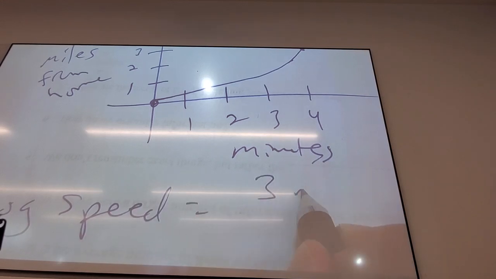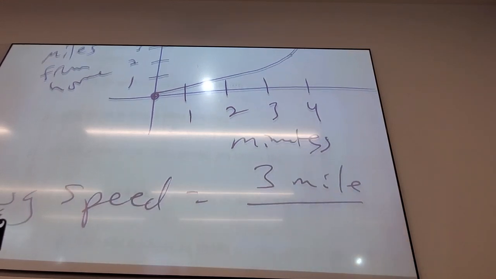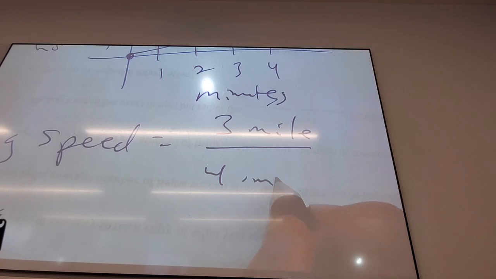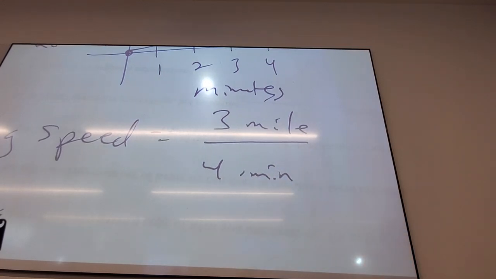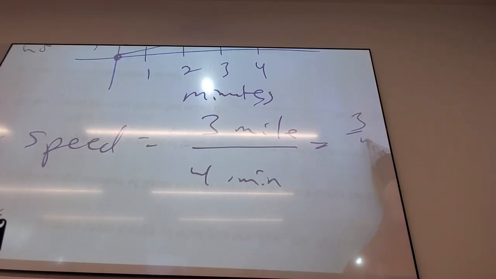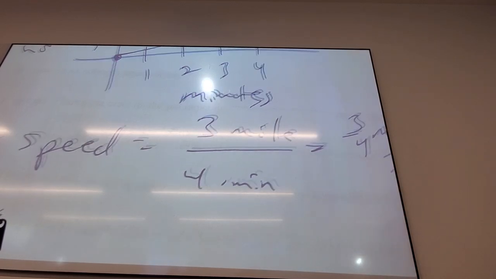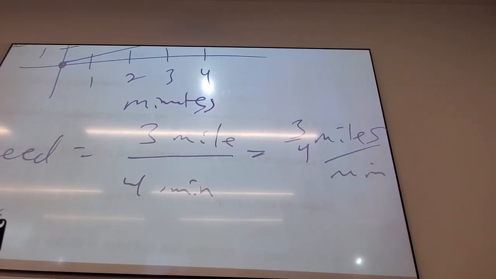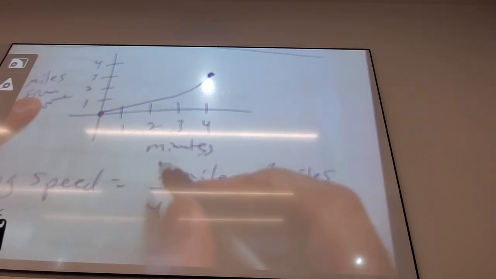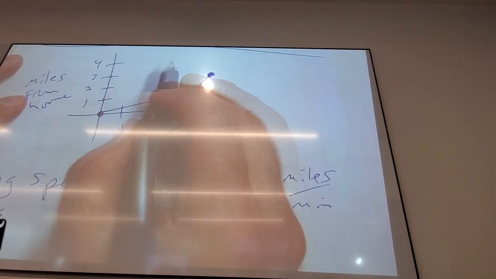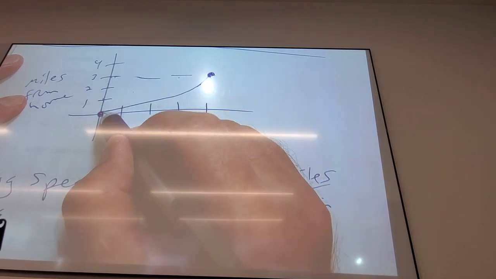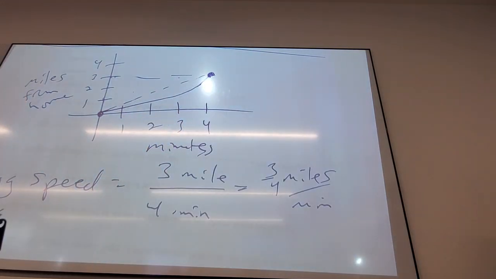I went 3 miles in how many minutes? 4 minutes. So my average speed would be 3/4 miles per minute, yes? You guys see that? What did we just do? Didn't we just go 3 up and 4 over? Didn't we just calculate the slope?